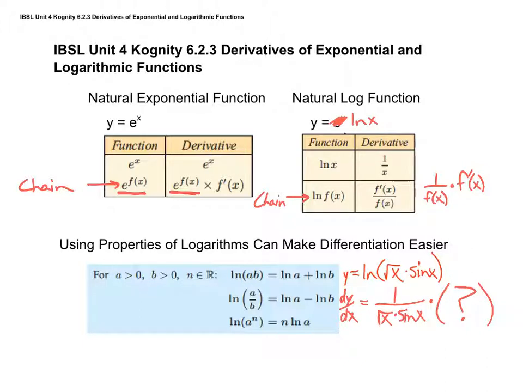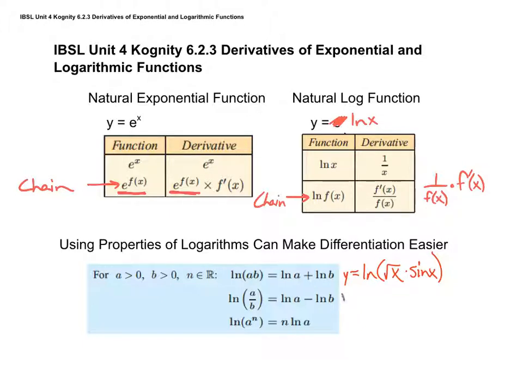However, notice here I say the properties of logarithms can actually make differentiation easier. What we're going to do here is rewrite y in a way that we can take the derivative. And even if we did know the product rule, it might even be easier to do this anyways.